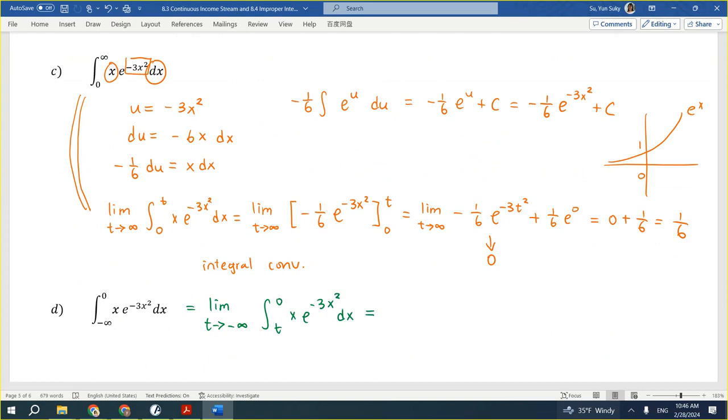Right, everybody? So this is the limit as t goes to minus infinity, and the antiderivative is this, right? So plug in here, and now we evaluate from t to 0.